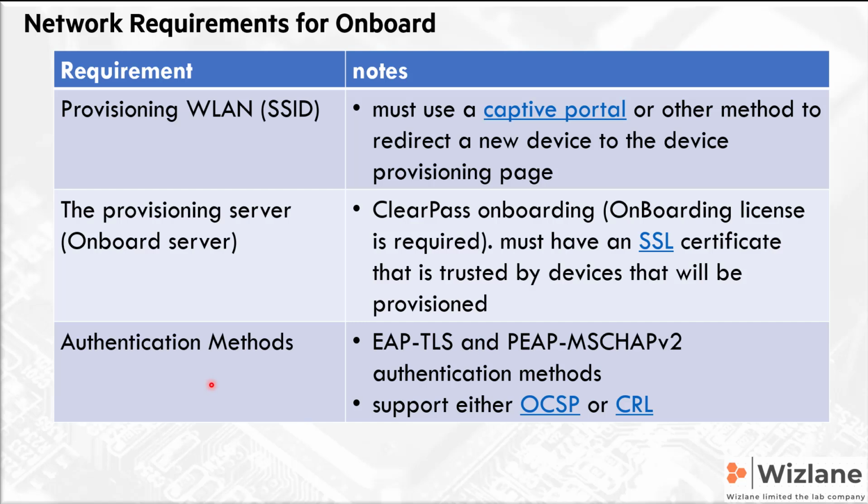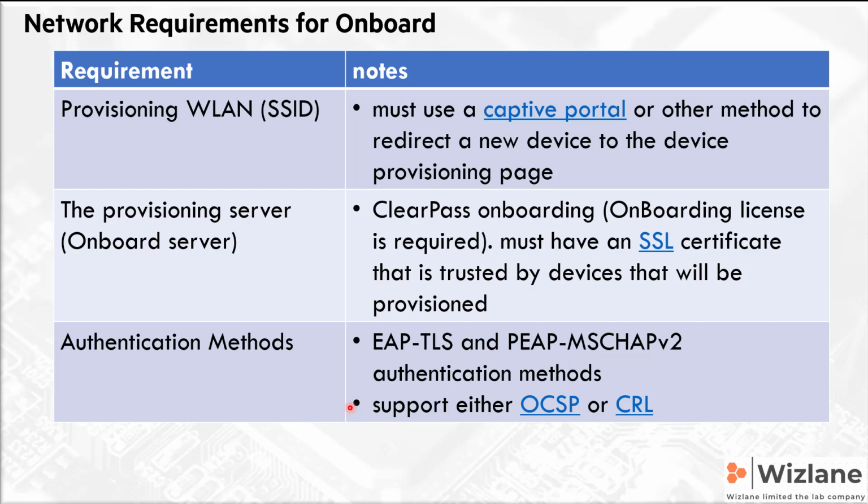And we need to configure authentication, or at least two authentication methods in this case. We will configure the certificate-based authentication that eventually will be the one used after onboarding, which is EAP-TLS, as well as PEAP-MSCHAP, an authentication method that uses username and password.